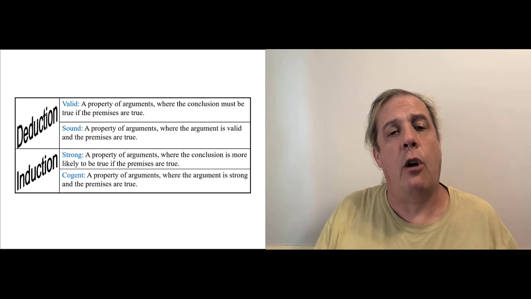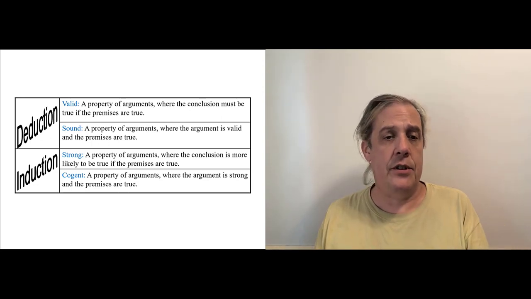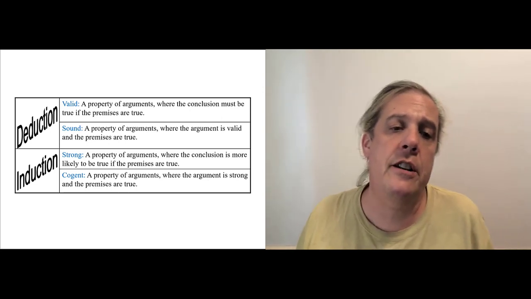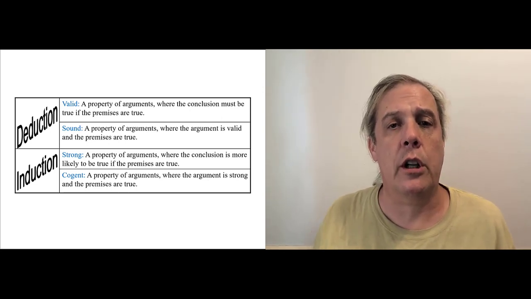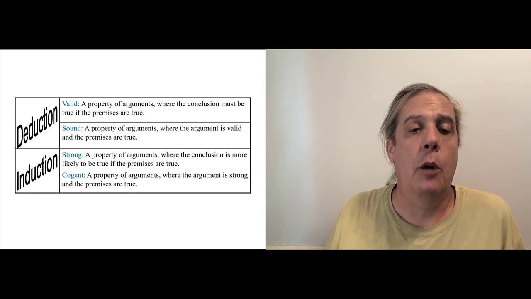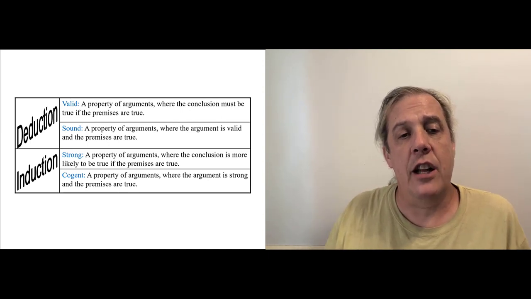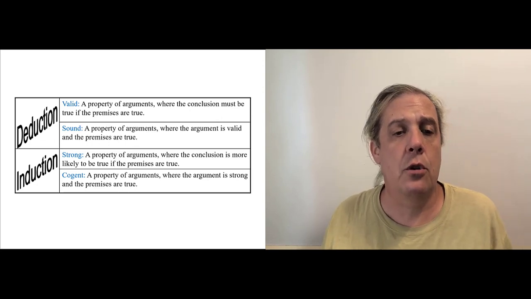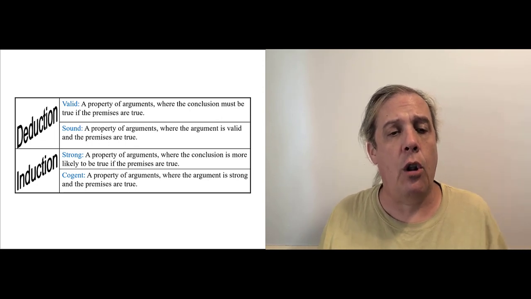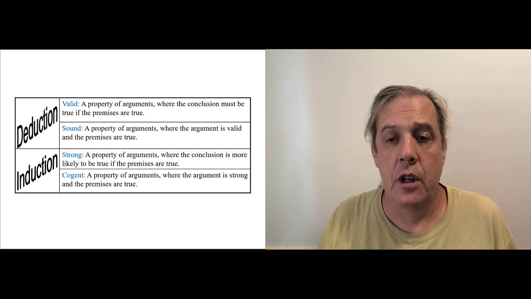And then if they're sound, they also have true premises. If you're trying to be inductive, which is the way we work in most of the real world, your inference can be strong. And then if the premises are also true, the whole argument is said to be cogent.